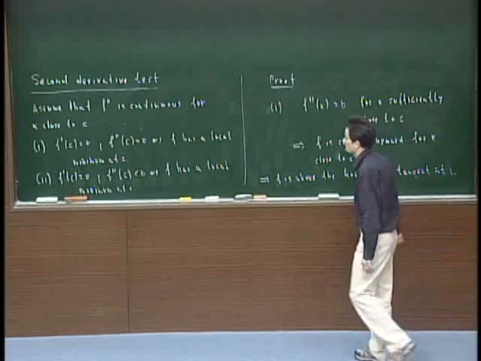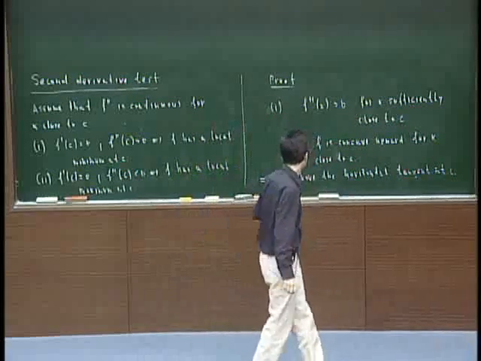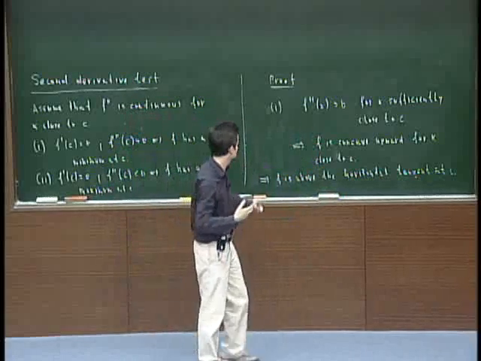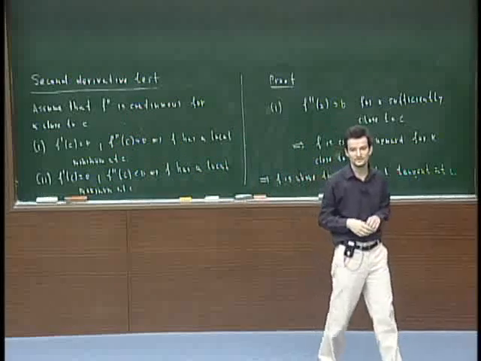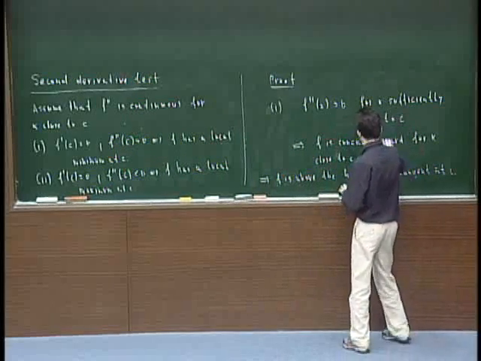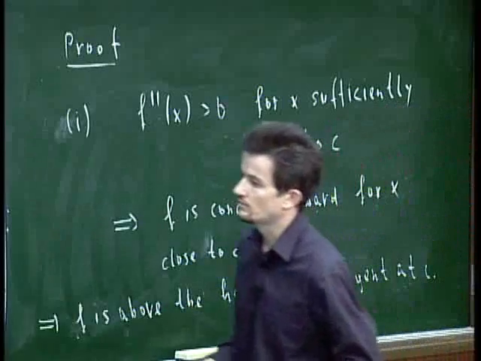But this clearly means that I have a local minimum there. You could of course argue something like this also by looking at the graph, but you should realize that I do not use anything in this direction. Already from the concavity test, I can conclude that I must have a local minimum at c.